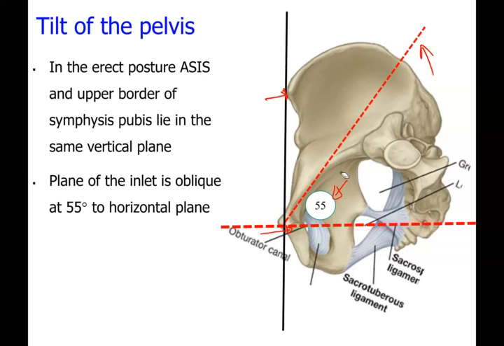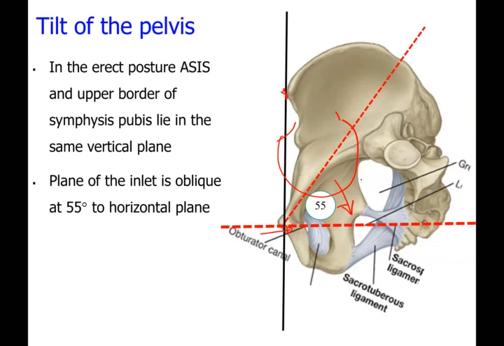because during the delivery of the baby, the head, the fetal head, has to enter the pelvic inlet to start the delivery. It's the first step in the delivery of a baby.